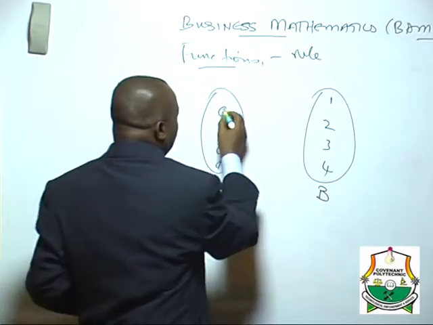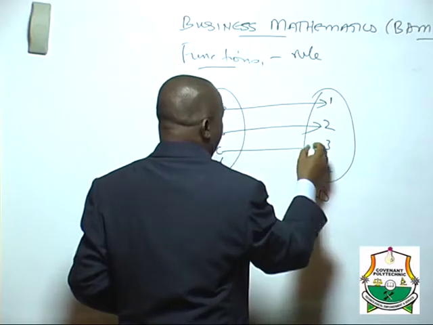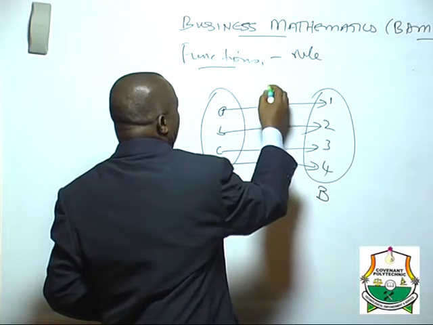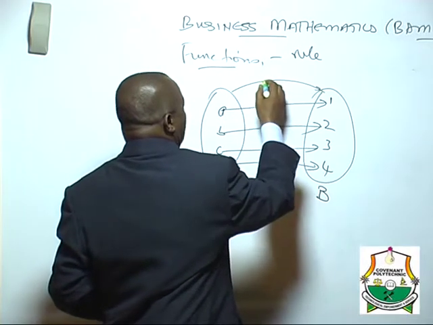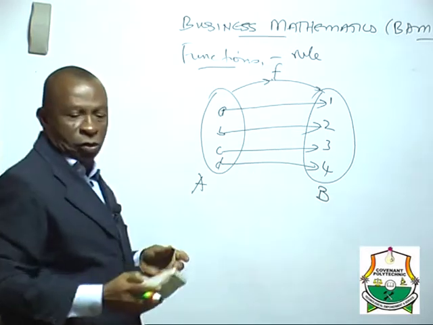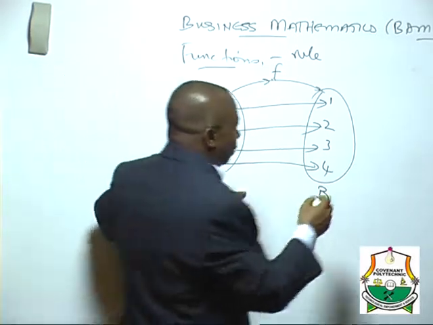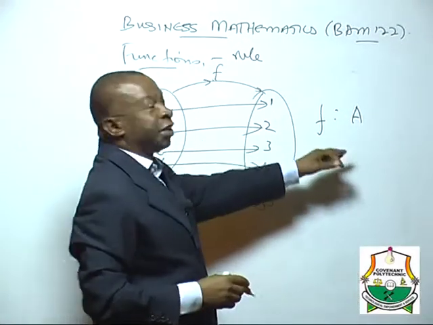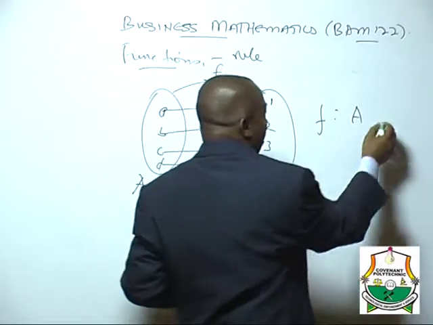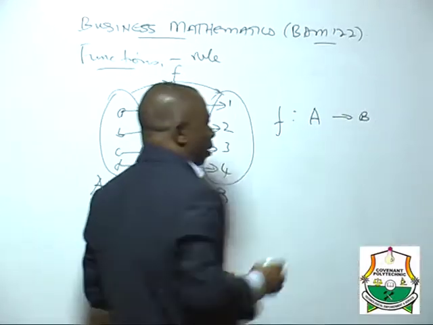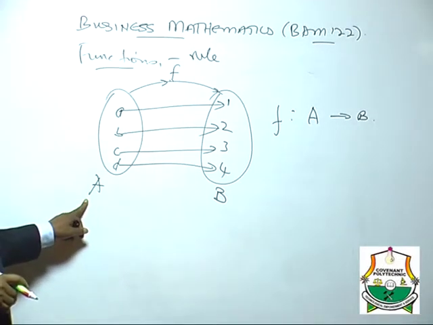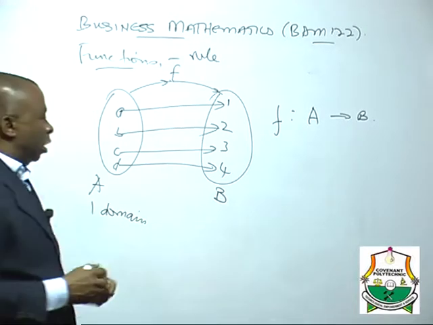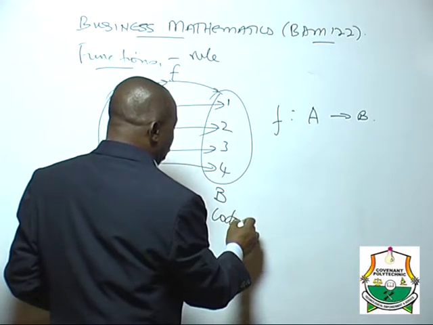If this is taken to this by what we called F. So what this implies is that F is a function that carries elements of A to elements of B. This A is called the domain, while B is called the codomain.